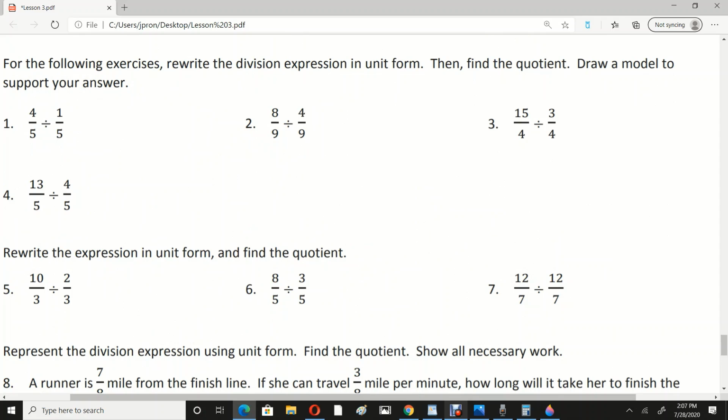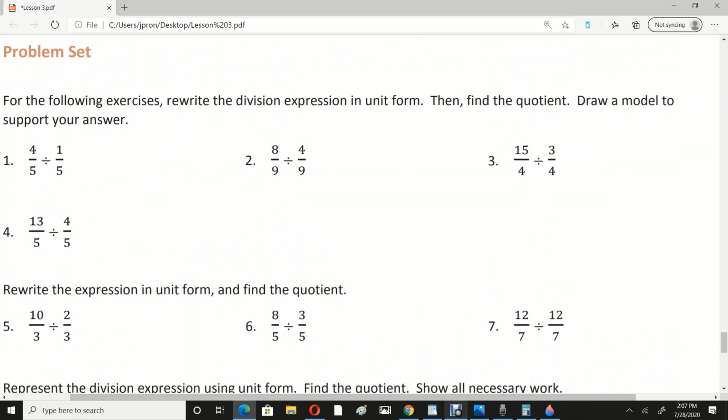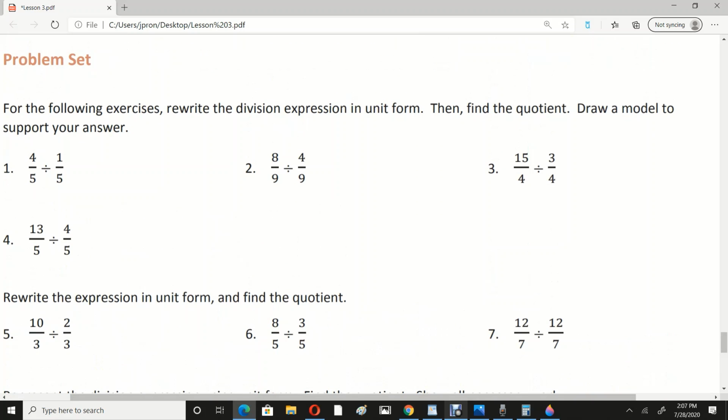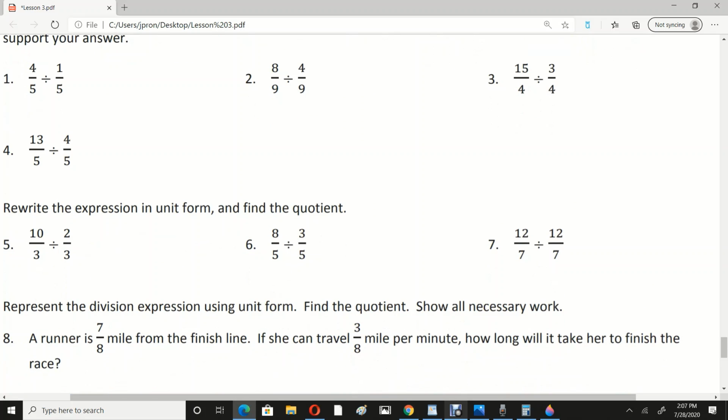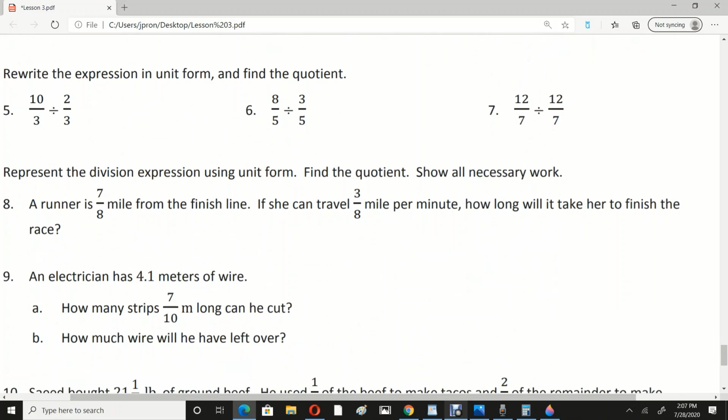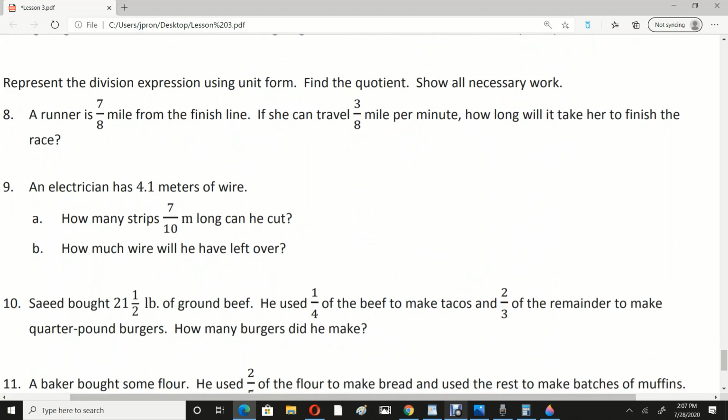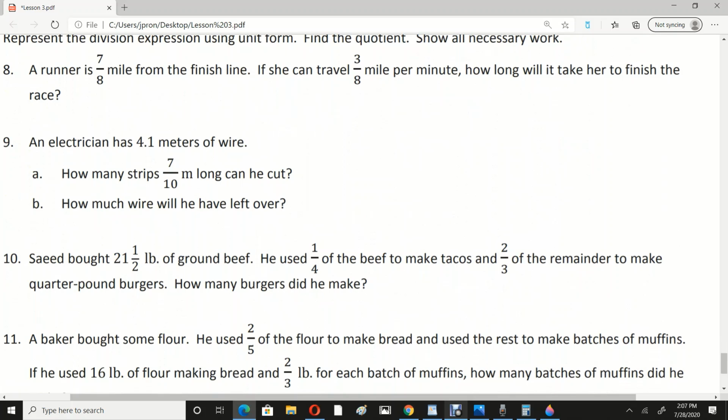There's nothing else to them. You solve them just like we worked the problems before. Remember, you can leave those answers in mixed numbers or as improper fractions, whichever you like better. And then 8 through 11, make sure you check your rubric for how to respond to constructive response questions. All these are constructive response questions.